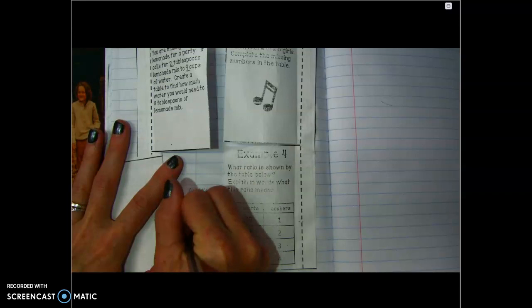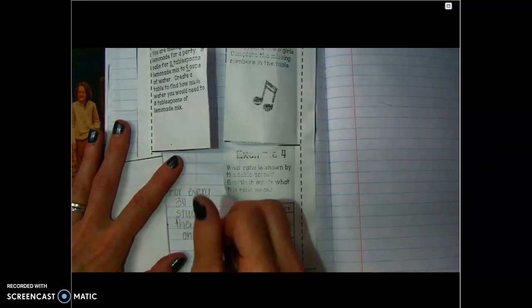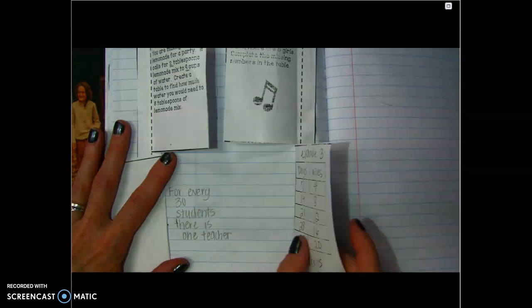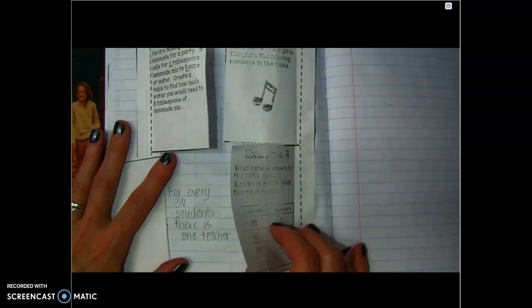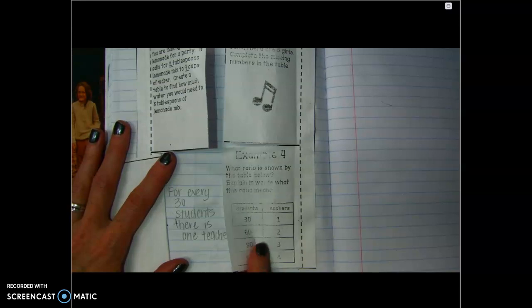Very good. For every 30 students, there is 1 teacher. So 1 teacher for 30 students. So once we add 30 more, we get to add 1 more teacher. So 2 teachers for 60 students. So this is how you would write this in word form. For every 30 students, there is 1 teacher.